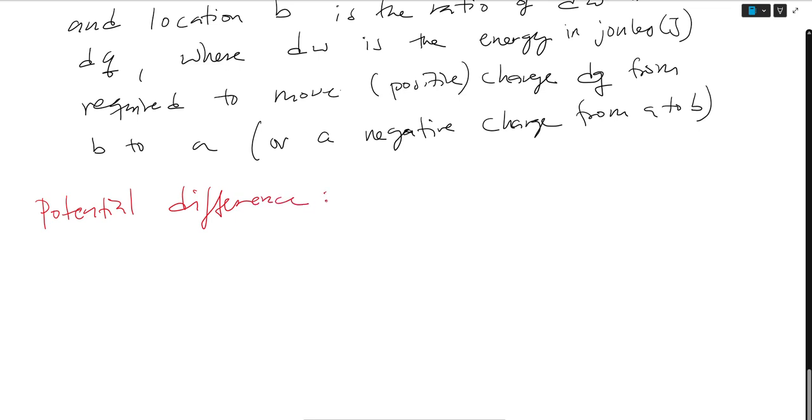And the potential difference, VAB, is equal to dW over dQ, and it's measured in volts.